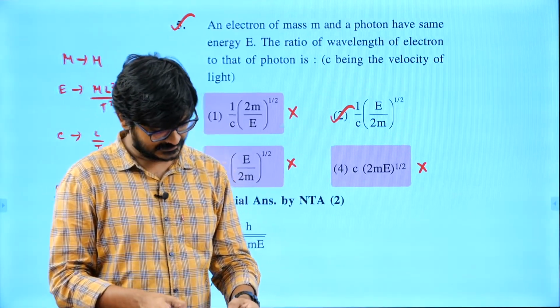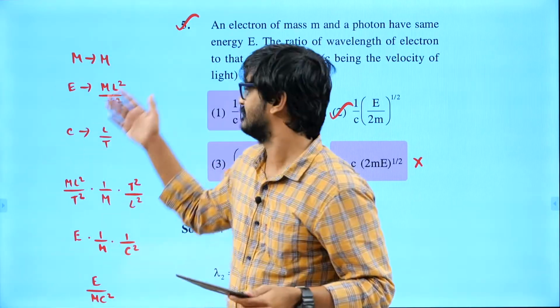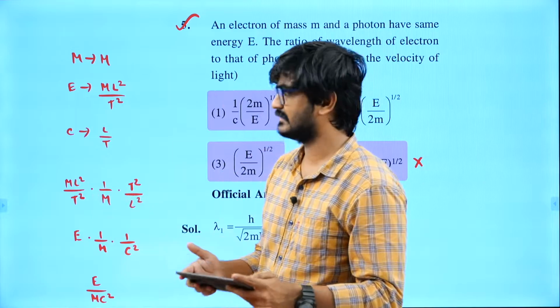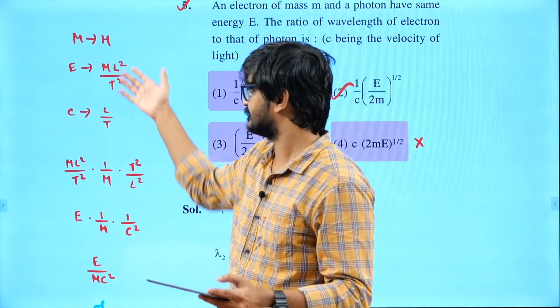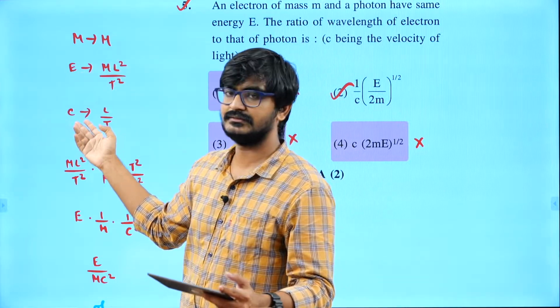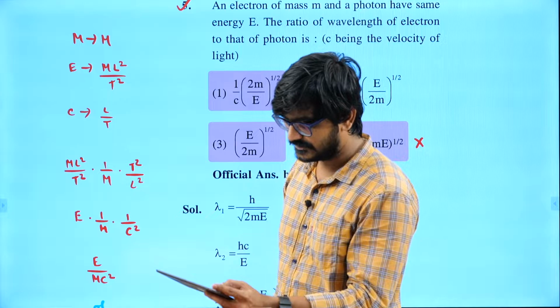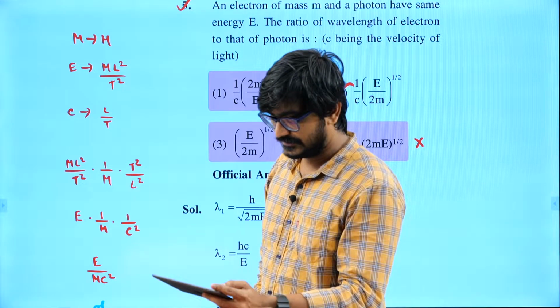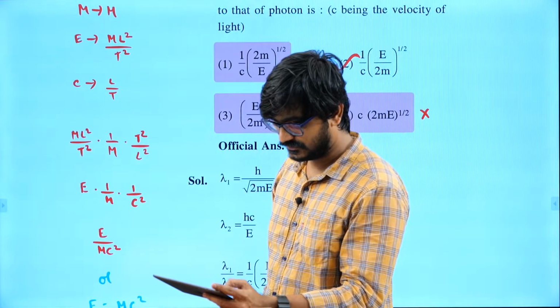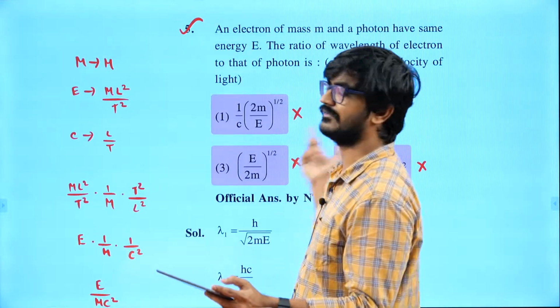So the other one also I can go with dimension analysis. I went with the traditional way, not very traditional, but still my traditional way. So there are three terms here: mass, energy, and speed. So I have put the dimensions there. Now what I need is the dimensions of length. Or I am going to eliminate, it is like the ratio of the wavelengths.